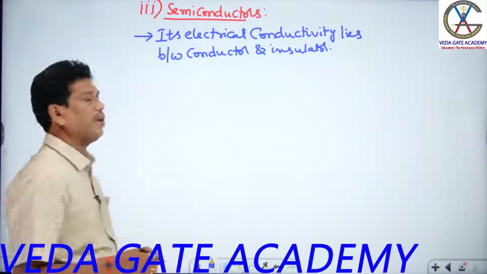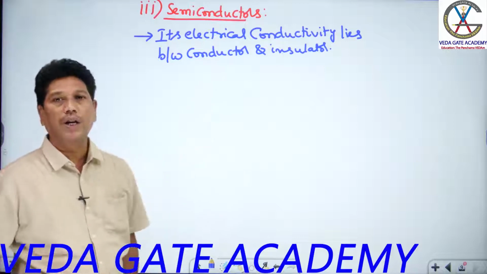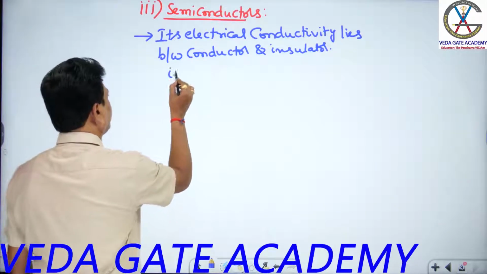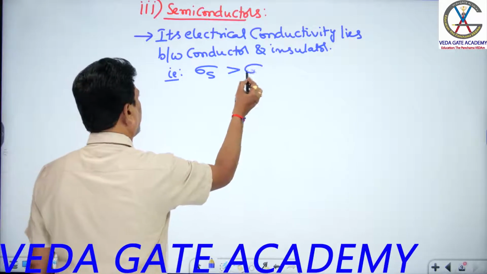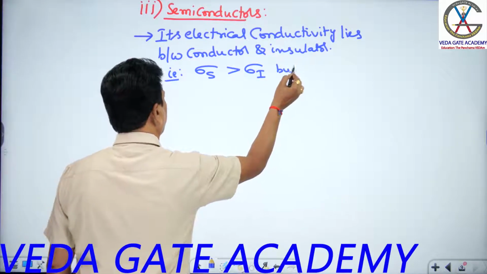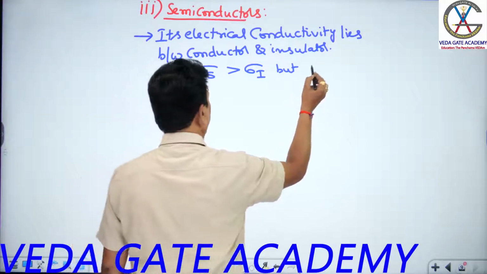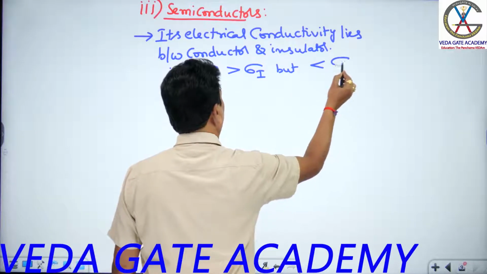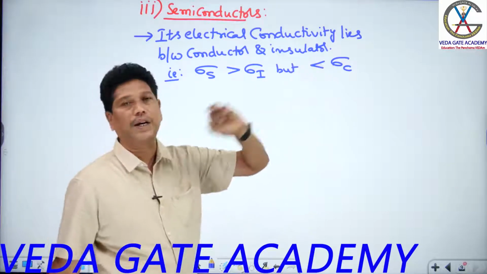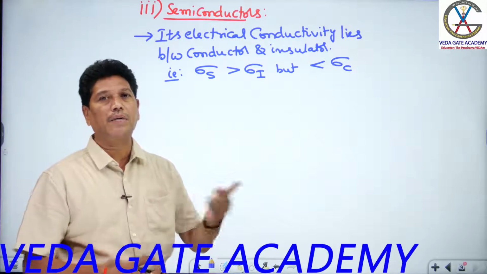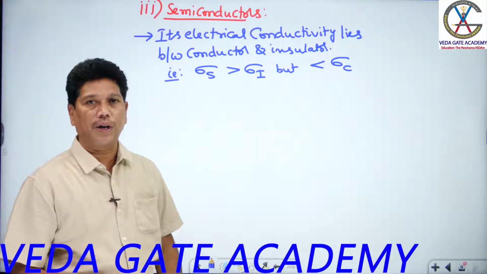That is, the conductivity of a semiconductor is greater than an insulator, but less than a conductor. So its conductivity is more as compared to an insulator and less than a conductor. So its electrical behavior is in between conductor and insulator, students.